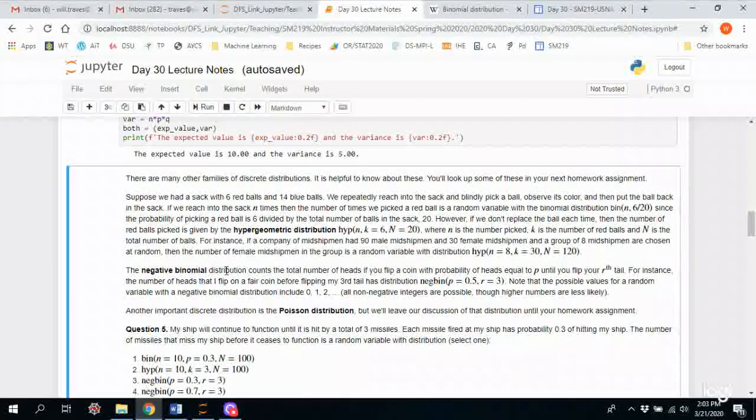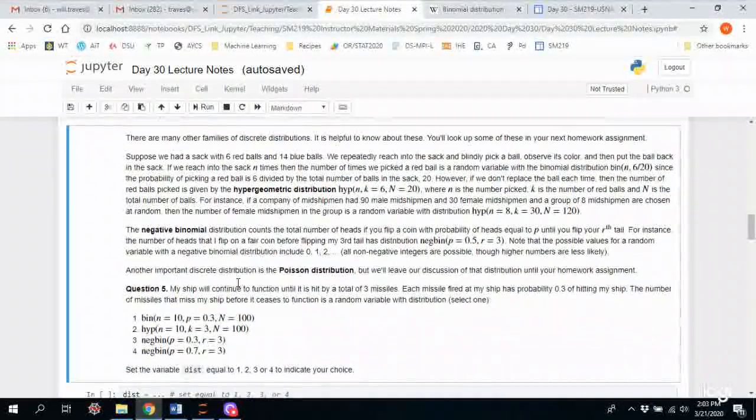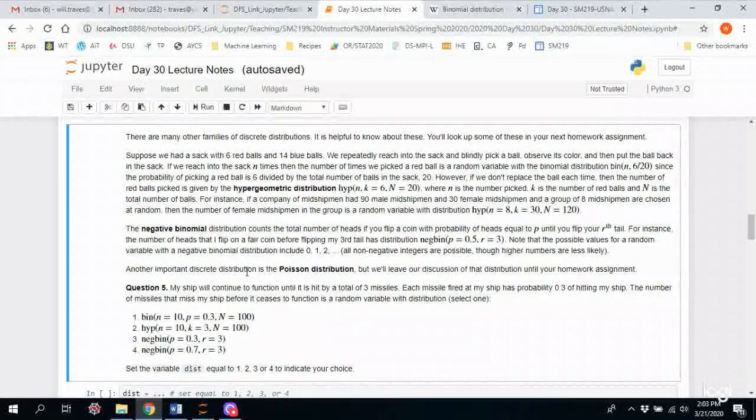So the negative binomial distribution could take value 100 or 1,000 or 100,000, even if r is just 3. So it's kind of an interesting distribution in that regard. There's a super important distribution called the Poisson distribution, but we're going to leave that discussion until your homework assignment.